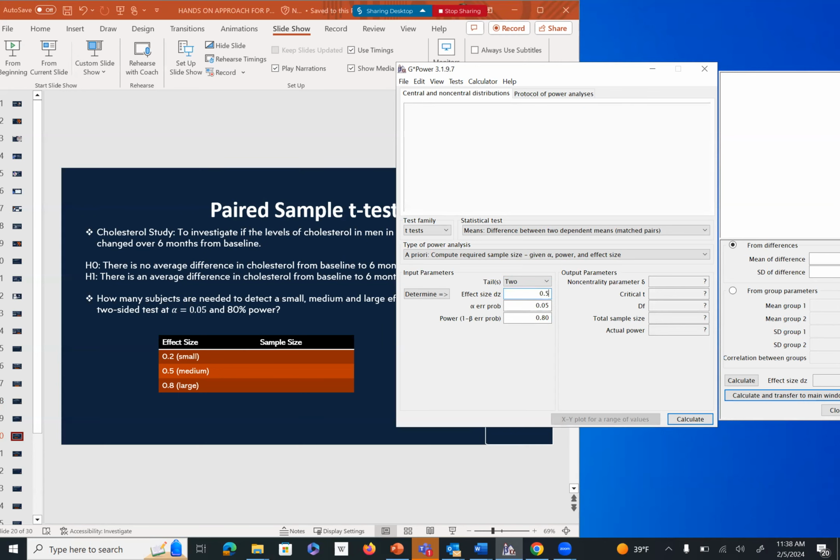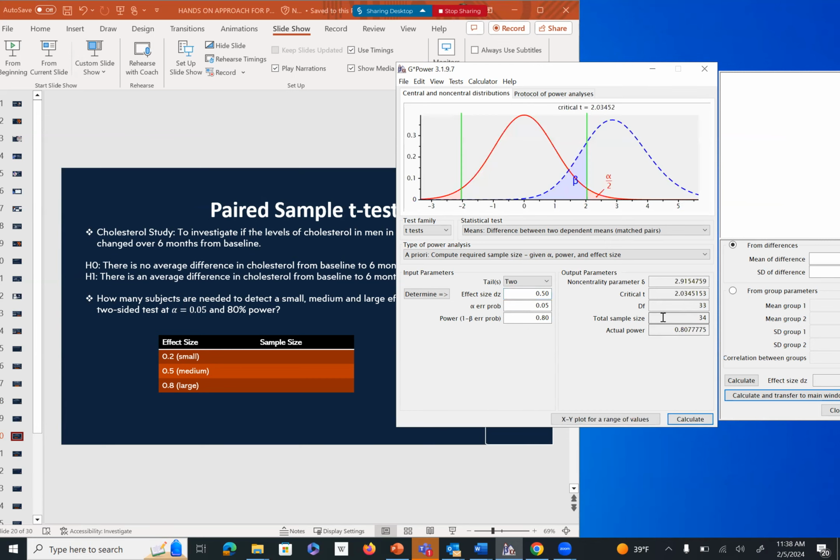And if we want to look at a medium effect size difference between the men in pre and post the 6 month baseline group, you'll need a total sample size of 34. So you see how your effect size is increasing, your sample size all of a sudden reduces, because you can see that there's a much larger difference between the average cholesterol levels.